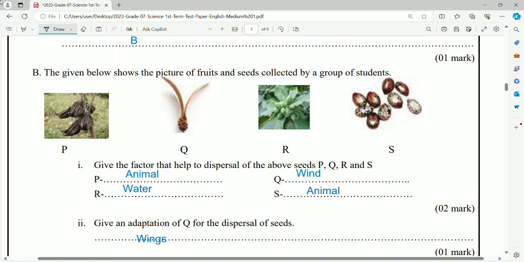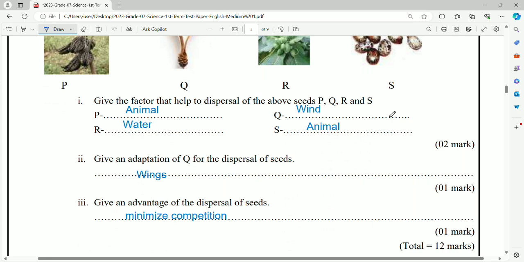R is dispersed by the water, Kotamba, and S is dispersed by animals. When the appearance looks like this, the birds will take these seeds and disperse them from the castor. This is the castor. It will be taken by animals.